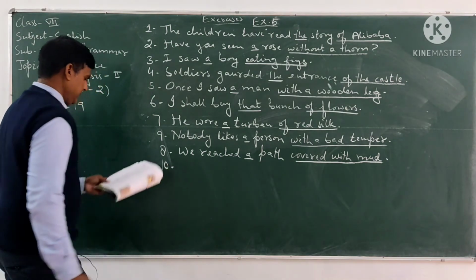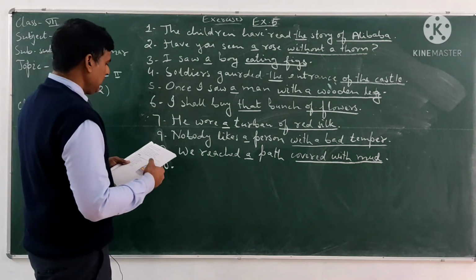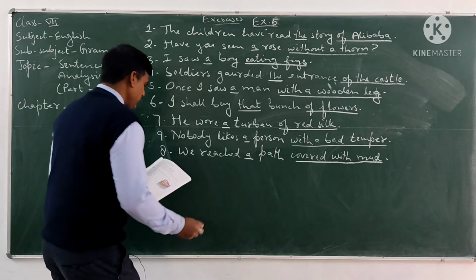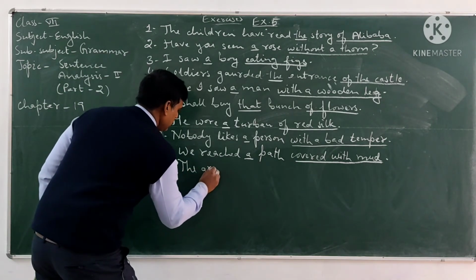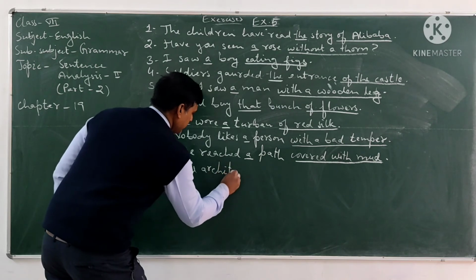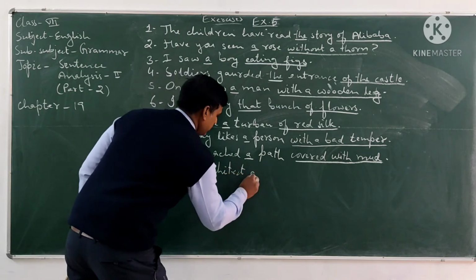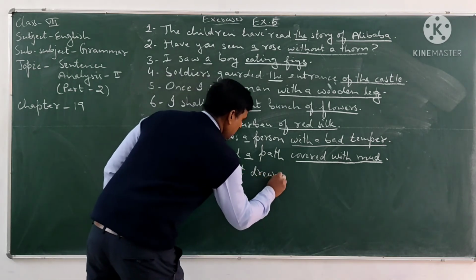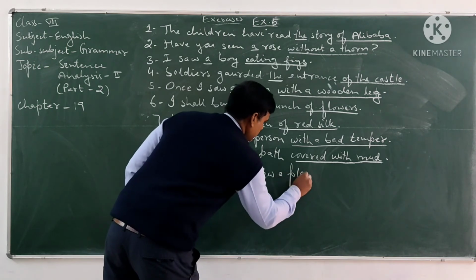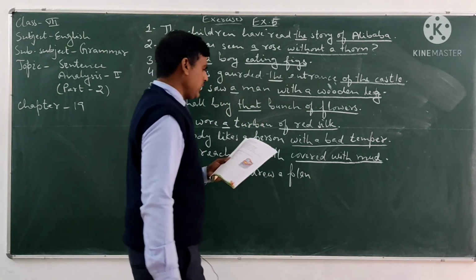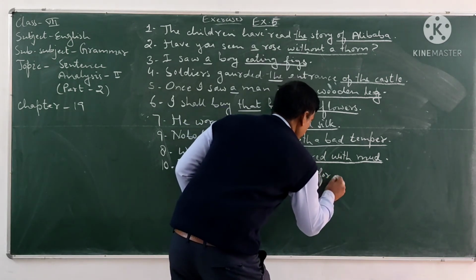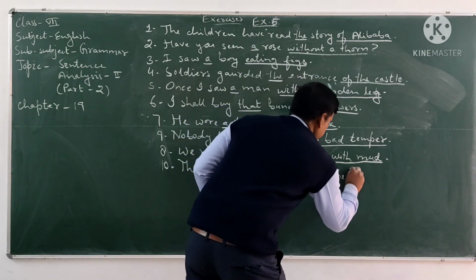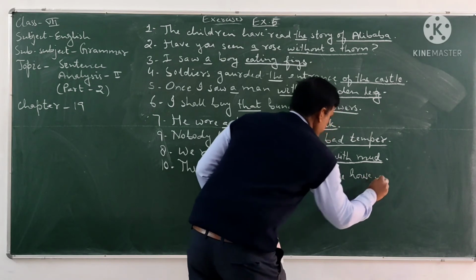Sentence number 10 is, the architect drew a plan for the house.